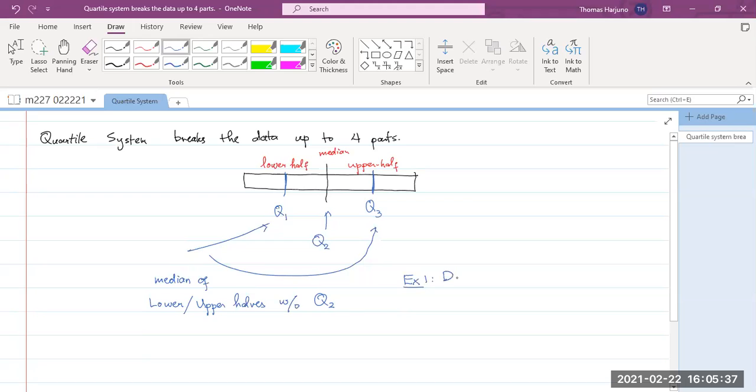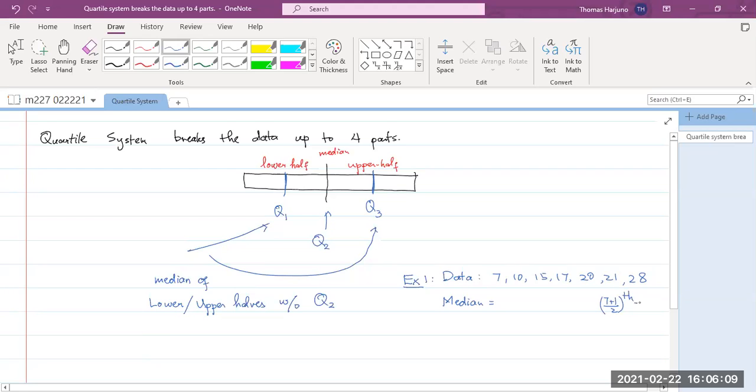So for example, suppose we have this data set. I put them in order right away. Let's say I have 7, 10, 15, 17, 20, 21, 28. Then of these 7 data, the median will be 7 plus 1 divided by 2.